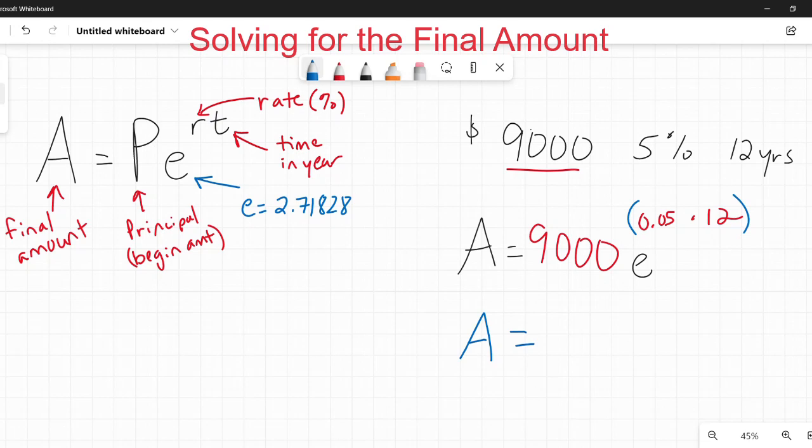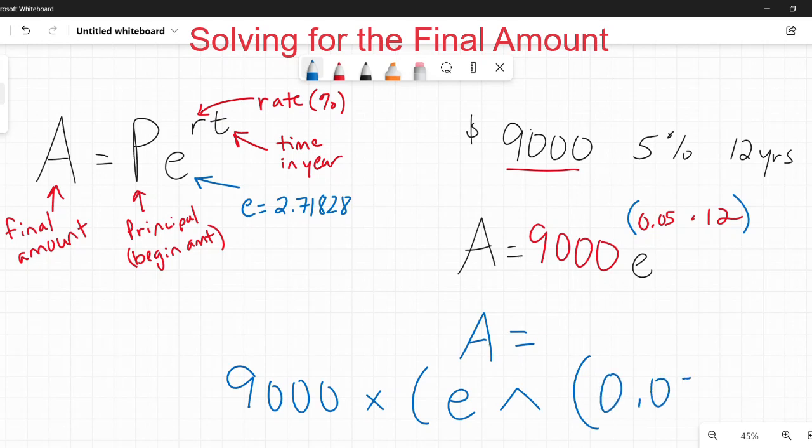Depending on how your calculator is, there's a couple of ways that you can input this into your calculator. One way is to use a lot of parentheses. So you can enter it as 9,000 times parentheses e to the power of parentheses 0.05 times 12 parentheses equals.